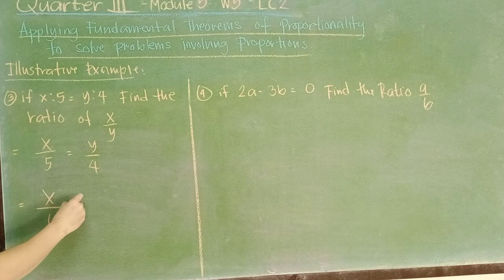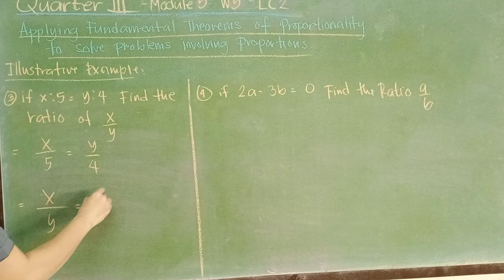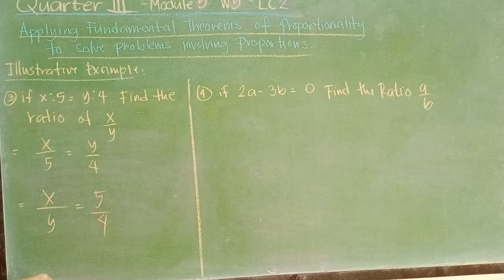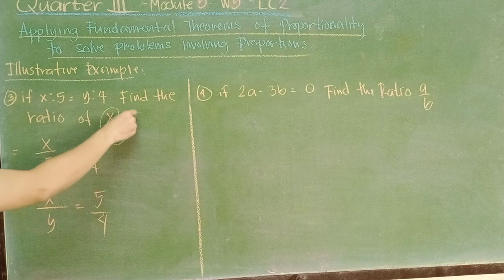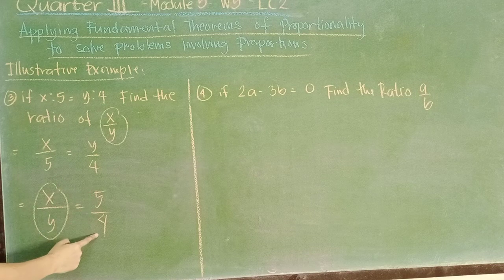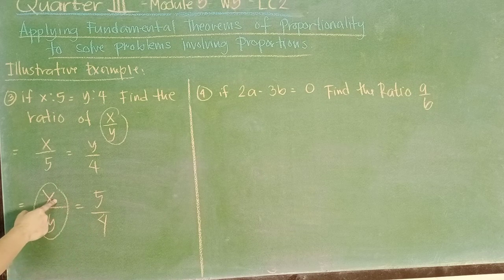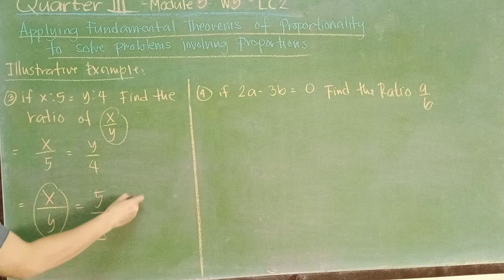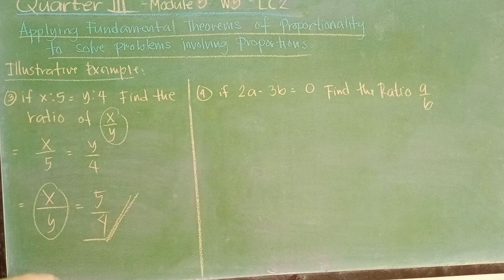So, x over y is equal to 5 over 4. Now, makikita na natin yung ratio ng x over y. So, x over y is equal to 5 over 4. So, ito yung ratio ng x over y natin.